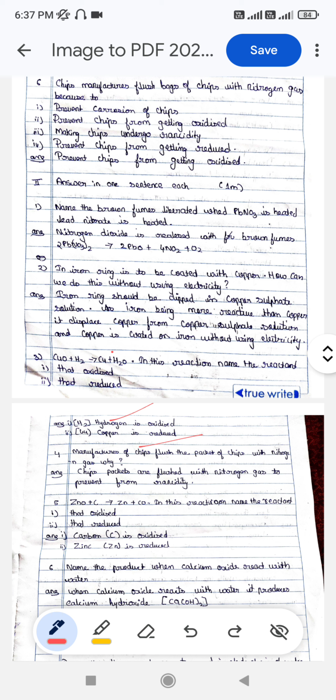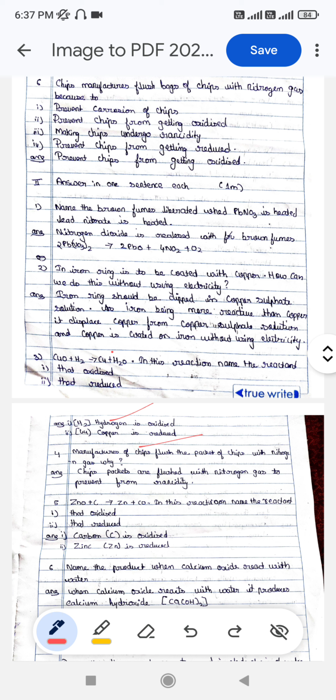Rancidity. So due to this spoiling of food, especially fatty and oily food, we flush with nitrogen gas. This nitrogen gas makes a barrier between oxygen and food, so it prevents contact between food and oxygen and prevents rancidity, and the food remains fresh for weeks or days.